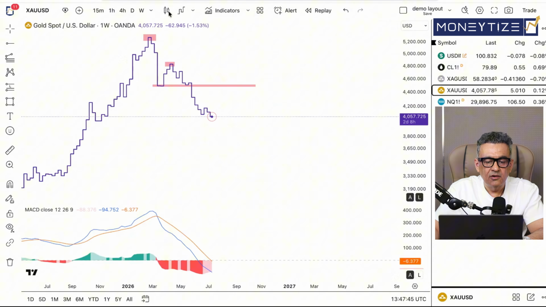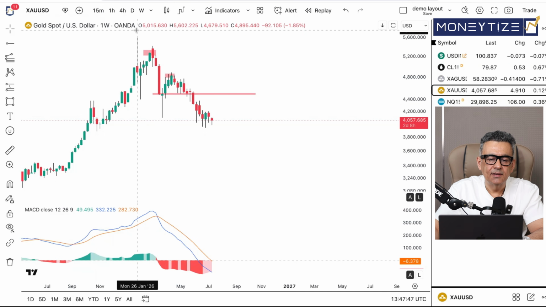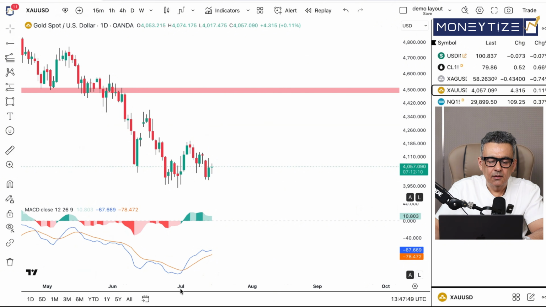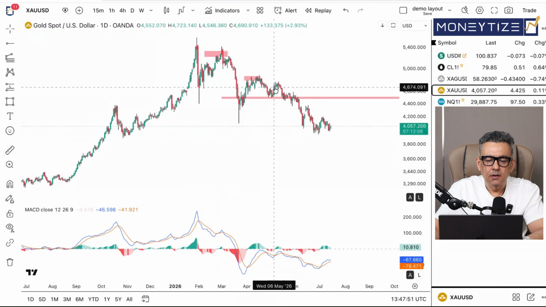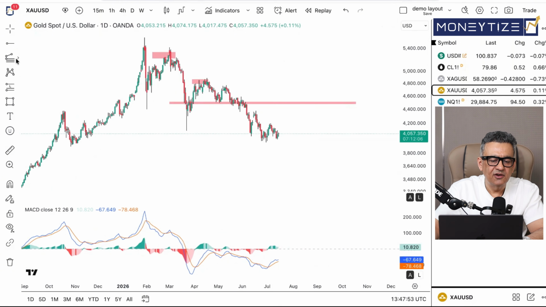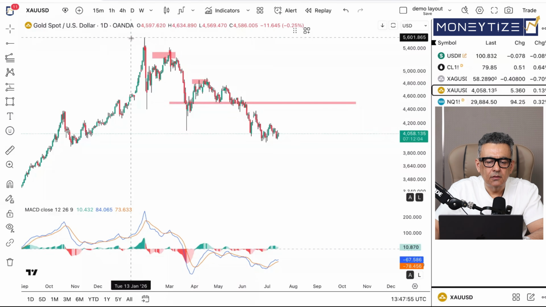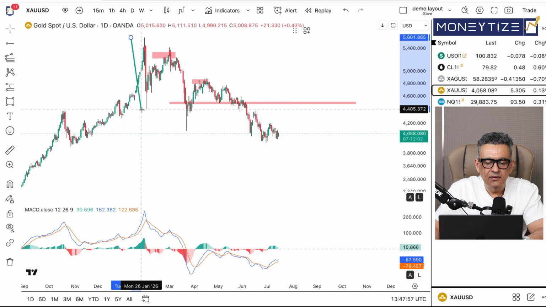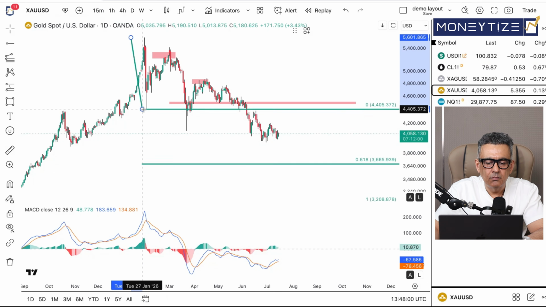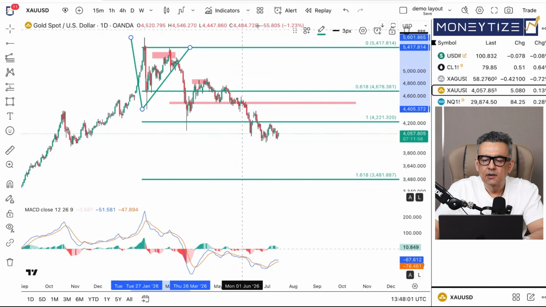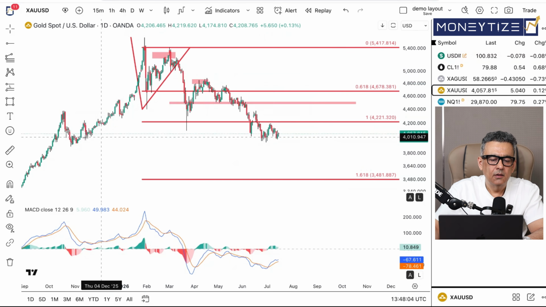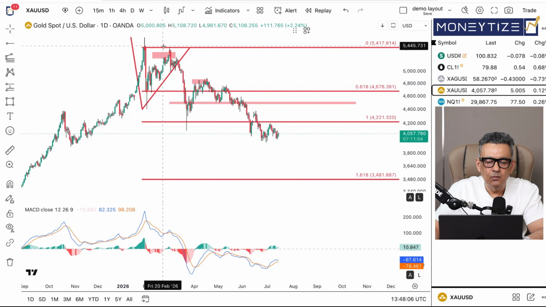Now I'll be changing to candles here, and I'll be moving to the day chart. First I'll be applying a bearish extension from the top of the day chart. This is the first bearish extension. Let's change to red. Then I need to add the second bearish extension here on the next leg down.